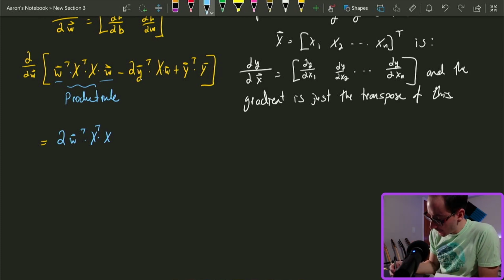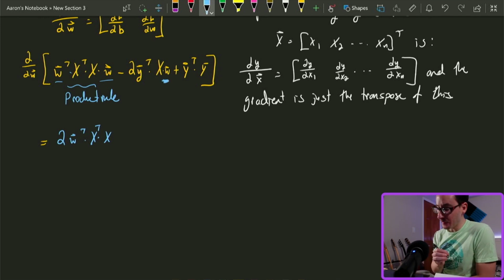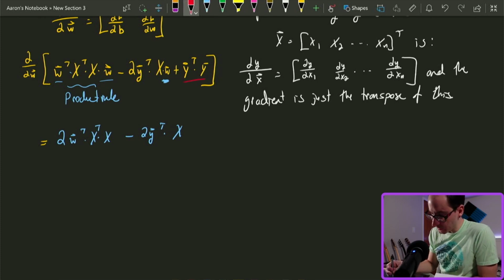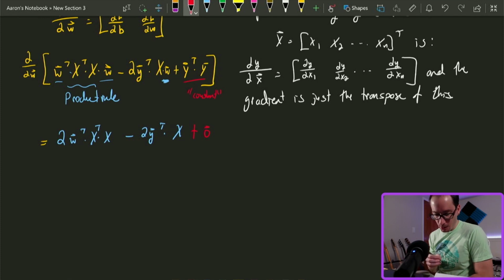And then minus 2y transpose dot x dot w, you basically just have a single vector factor of w there, so the derivative would just be minus 2y transpose dot x. And then this piece right here is essentially constant with respect to w, so that derivative is just going to be 0, a 0 vector.